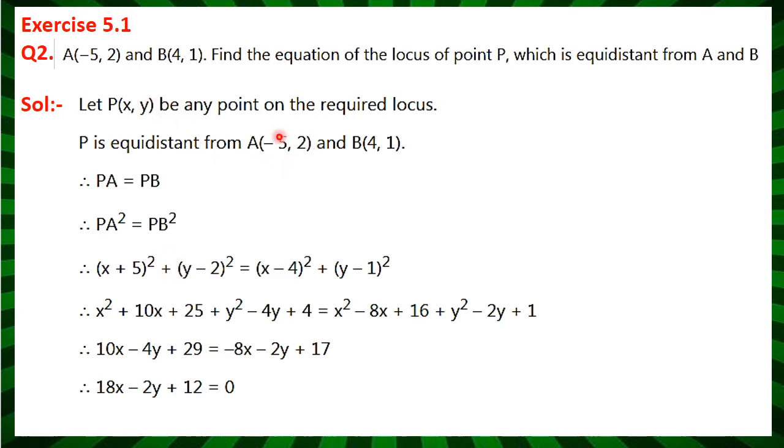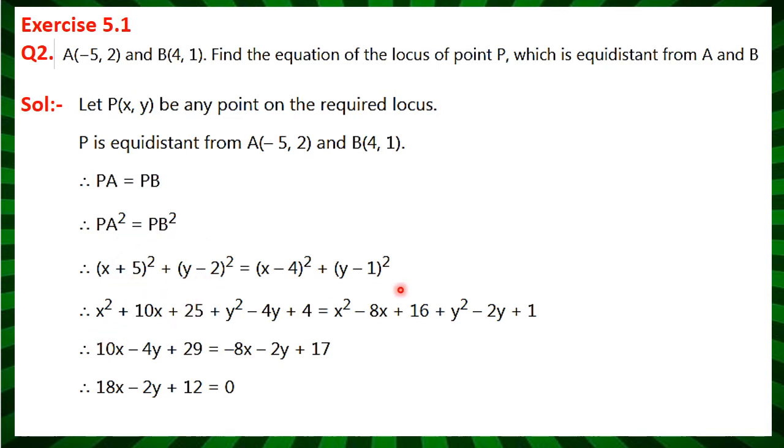This is equal to PB squared, where P and B give (x - 4) the whole squared plus (y - 1) the whole squared. We are squaring to remove the square root in the distance formula.